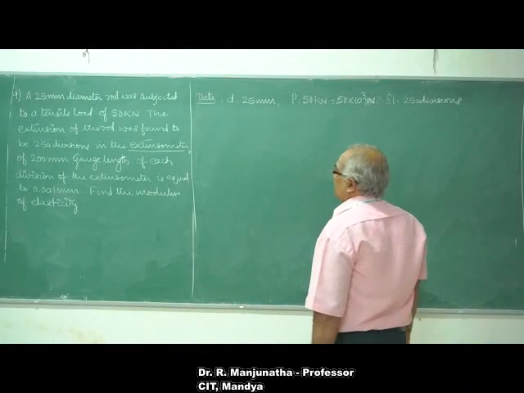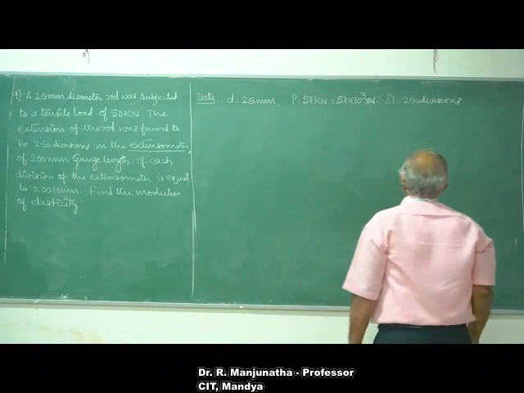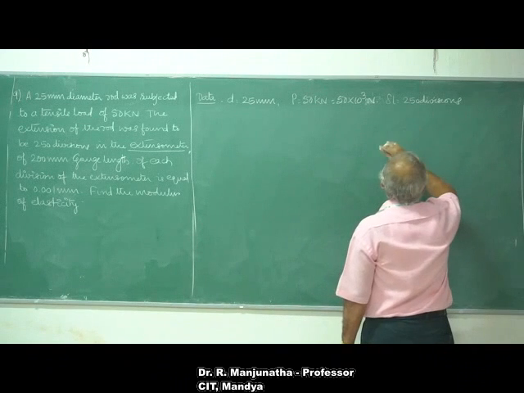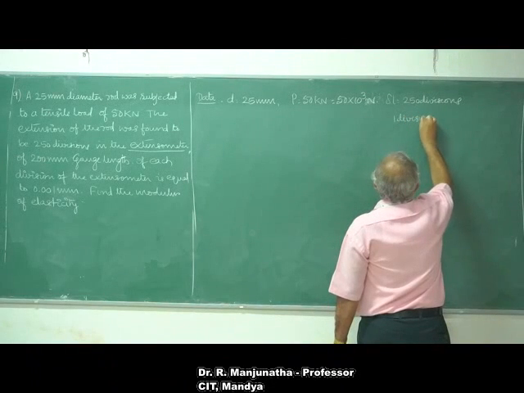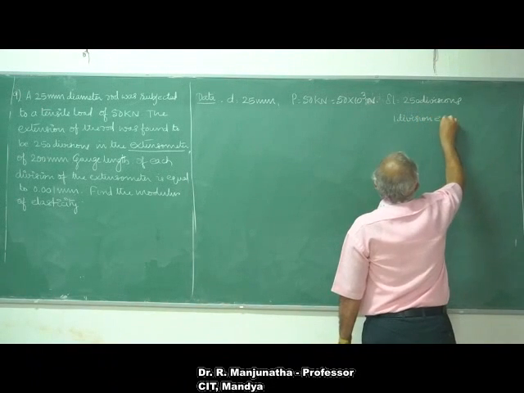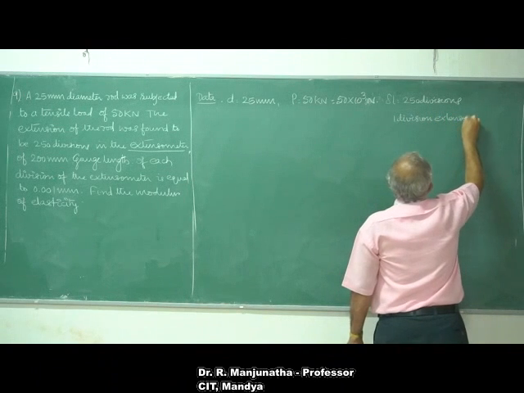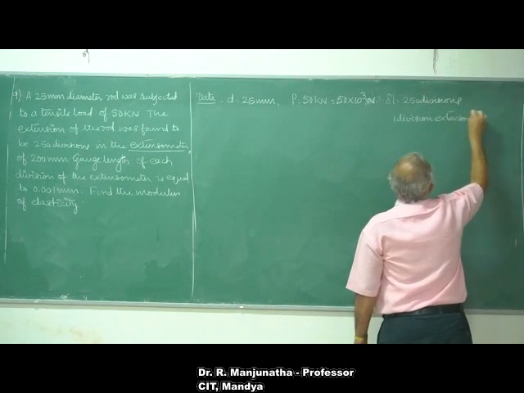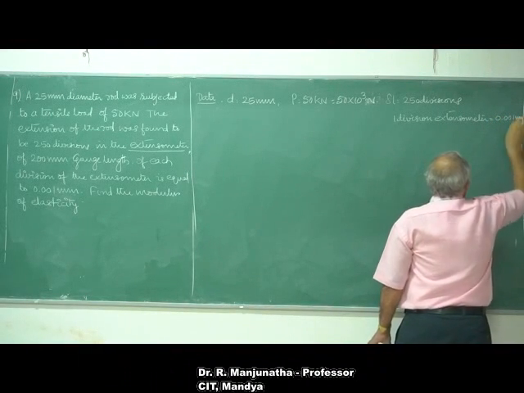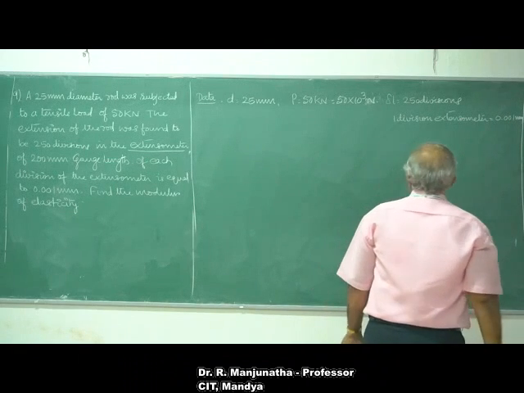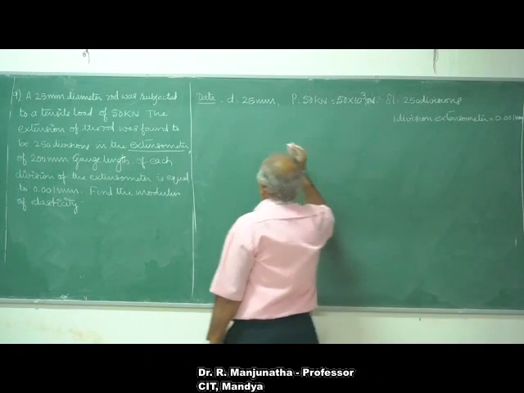One division on the extensometer is 0.001 mm. So what is going to be the delta L in terms of mm?